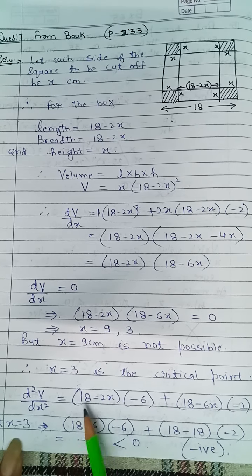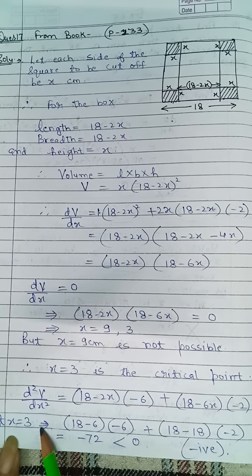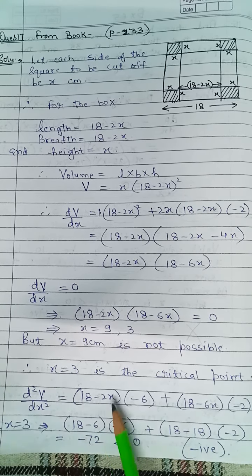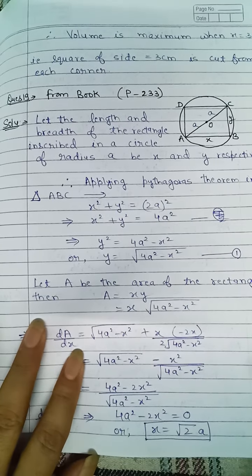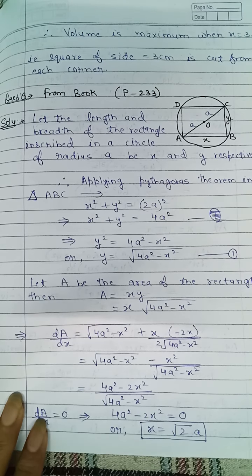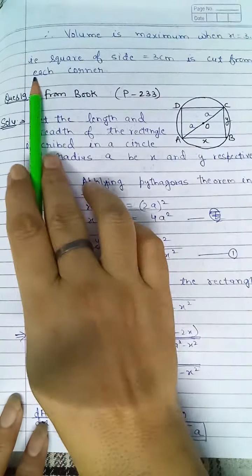Now we have to check this at x equal to 3, whether it is positive or negative. If I substitute x equal to 3, I am getting minus 72, which is negative, which means less than 0. And when the second derivative is negative, we get maxima. So we can say that the volume is maximum when x is equal to 3, that is, a square of side 3 centimeter is cut from each corner, right?